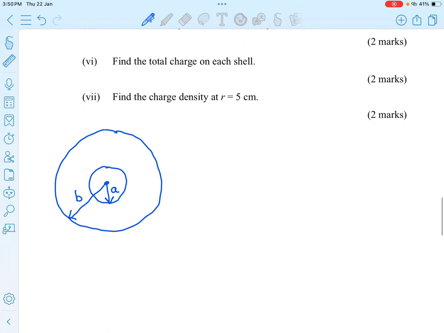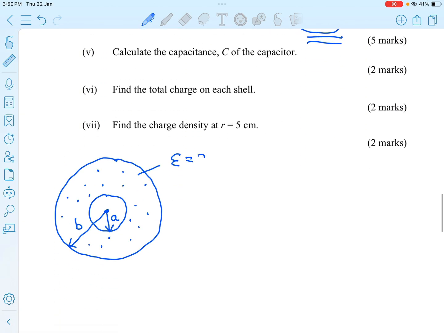And this one is the radius of the outer spherical shell, and in between they are filled with dielectric. The dielectric is equal to 2.25 epsilon naught, so we can represent the dielectric using this symbol.